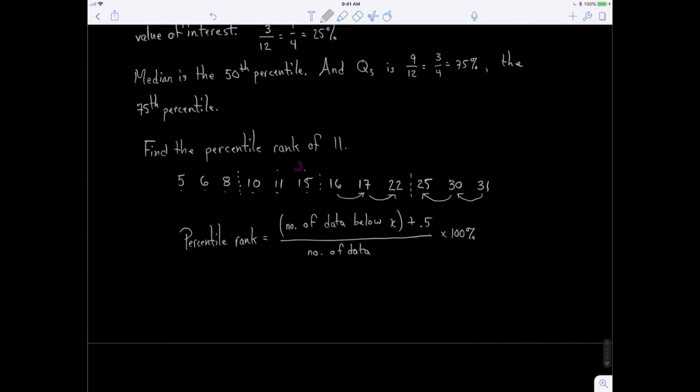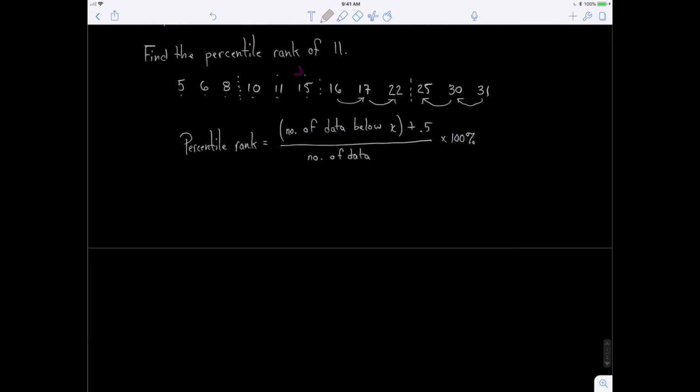Now, before we use the formula, let's see why. Notice that if I look at 11, there's 1, 2, 3, 4 values below 11. So I could say that 4 divided by 12 would be the 33.33 percentile. Then, what if I included 11?